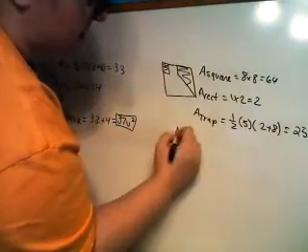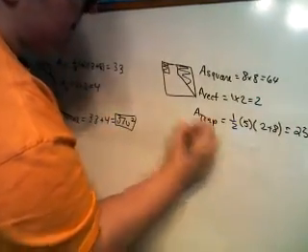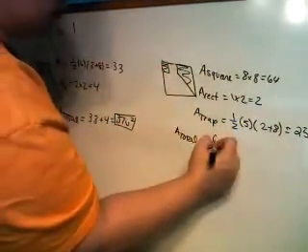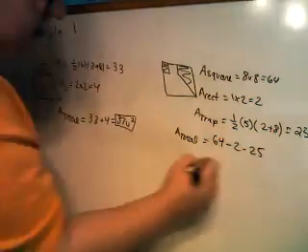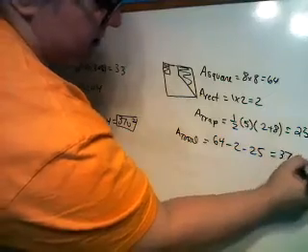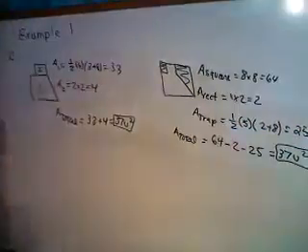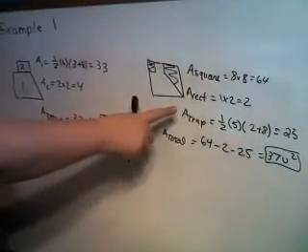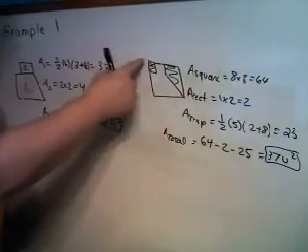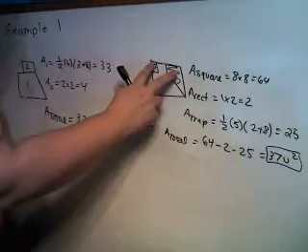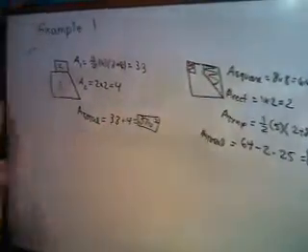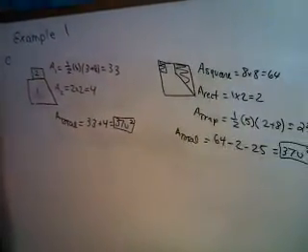So if I start with all the way around, I get 64, and I take out the 2 and the 25, you'll discover that you also get 37 units squared. So this one involves subtraction: do the area of the entire thing, and then subtract out the parts that are not part of your composite figure. So again, 2 different ways to do this problem.